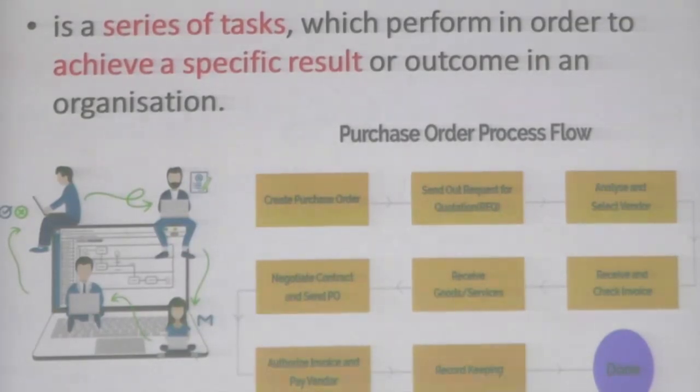In the system also, that can happen in a systematic way, with a series of tasks. Why is there a series of tasks? To produce a specific result. Those are called workflow systems. Those workflow systems are heavily used in manufacturing companies.